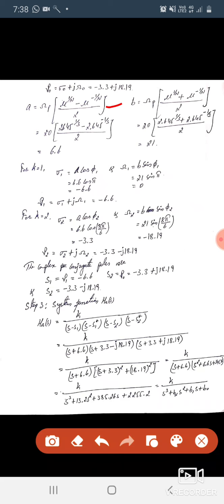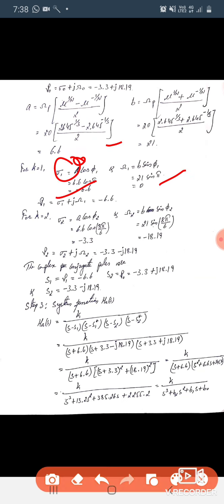Then B is equal to omega P into (mu power 1 by n plus mu power minus 1 by n) divided by 2. Substitute for your omega values and n value, you will be getting A as 6.6 and B as 21.